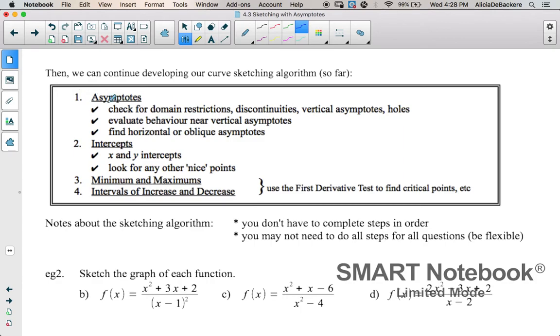For asymptotes, we're going to check for domain restrictions, discontinuities, vertical asymptotes, and holes. If there are vertical asymptotes, I'm going to evaluate the behavior near them, so this is my left and right-sided limits. For horizontal asymptotes, I'm going to use the limit as x approaches infinity. And for oblique asymptotes, I'm using the division.